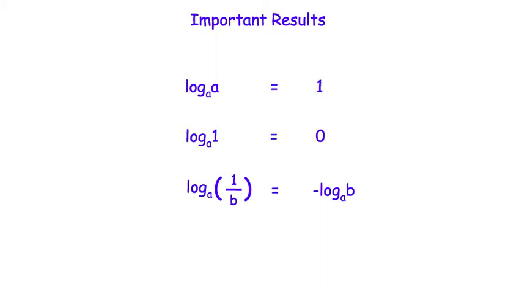And finally, if you've got the log of 1 over b, you could write that as the log of b to the power minus 1. But we can pull the minus 1 outside the log and it's the same as minus 1 times log b. So the log of 1 over b is minus log b.